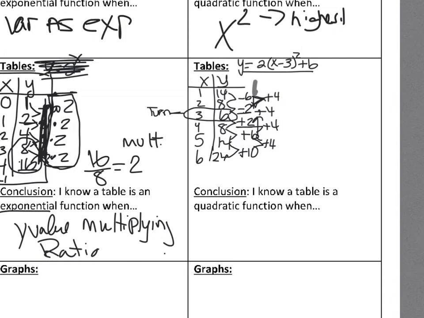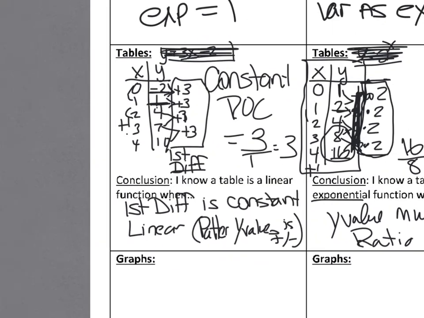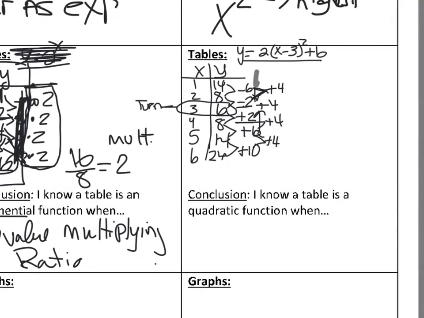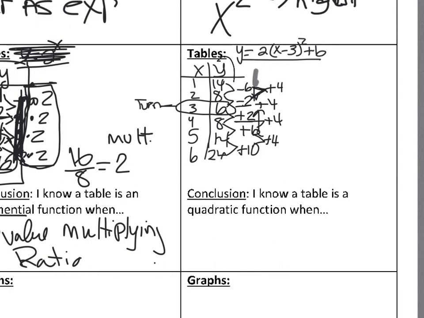All right, so over here on linear, this first difference is constant, right? Well, on quadratic, this is your first difference, right? Well, it's nowhere near constant. But if I look at my second difference, it's constant. It's going up by 4 every time on my second difference, okay?